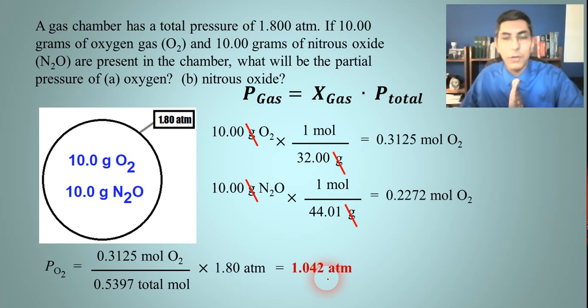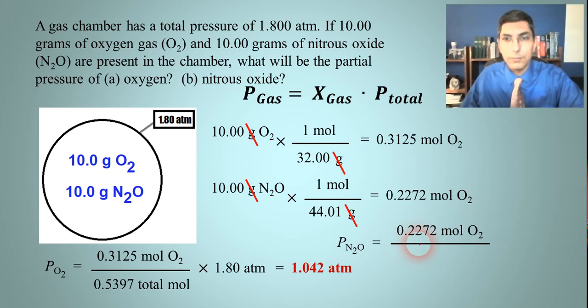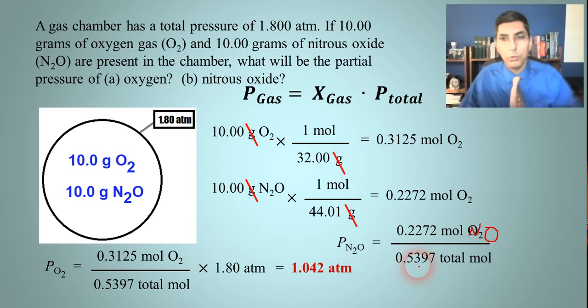We can do the same thing for nitrous oxide, and for that one, there's a little typo here that should say N2O, not O2, but it's 0.2272 moles of N2O, correct that there, and divide that by the total moles, which would be 0.5397, and then we multiply that by the total pressure, which is still 1.8 atmospheres.